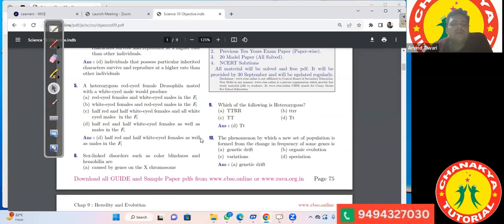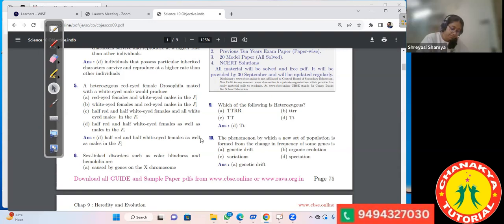Question number 5. A heterozygous red-eyed female Drosophila mated with a white-eyed male would produce. So one of them is heterozygous and the other one is homozygous. First of all, tell me, out of the red eye and the white eye, which one is the dominant one?